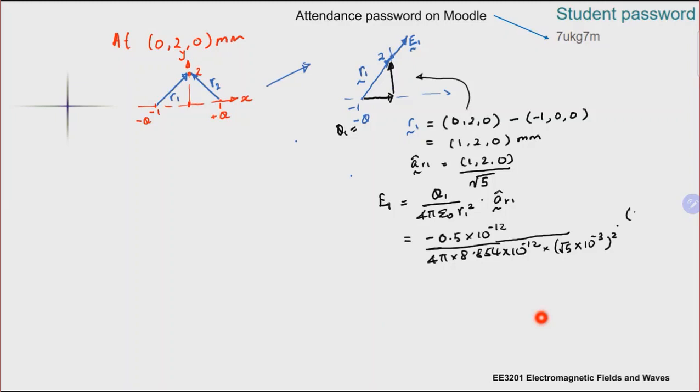We have 120 over root 5. That gives us minus 402, 120 volts per meter.